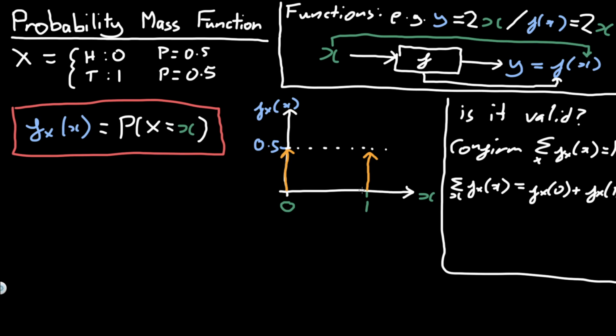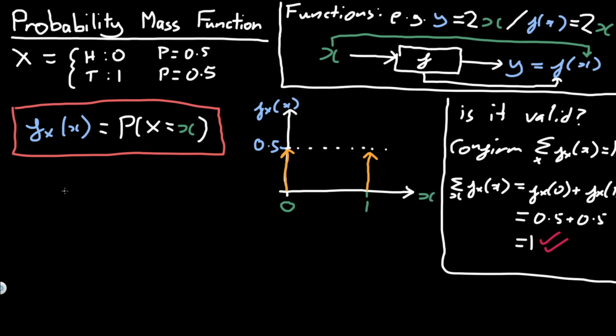And only those two scenarios, because all other points are 0 on this graph. So this is simply a half plus a half, which indeed is 1. So this is correct, and this is a valid probability mass function, which is great.